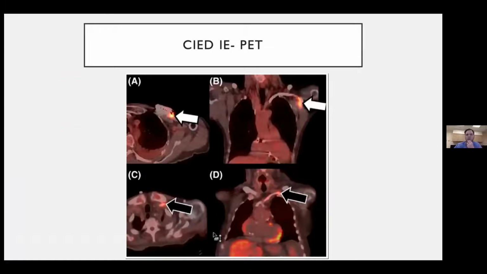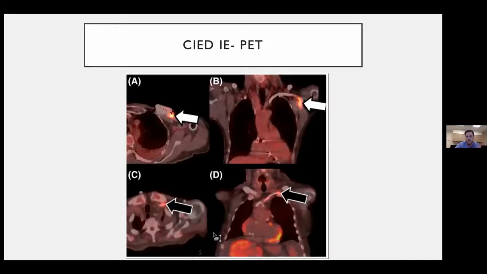Typically these can be apparent on physical exam, but if you're suspecting a pulse generator or pocket infection, it's not clear on physical exam, you need an imaging test and your echo is not showing any vegetation, PET scan is the imaging modality of choice.